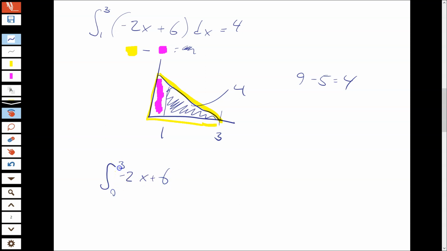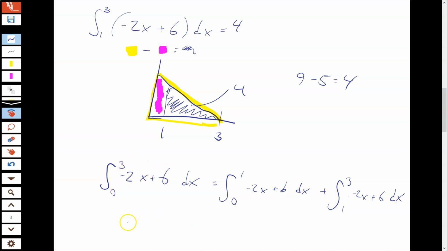So if I wanted to know the integral of my function from 0 to 3, then obviously I could just calculate this, but I could also say that this is equal to the integral of the function from 0 to 1. So my first little piece, my purple piece, plus the integral from 1 to 3. Okay, so I can split these up or add them together based on the bounds, right?